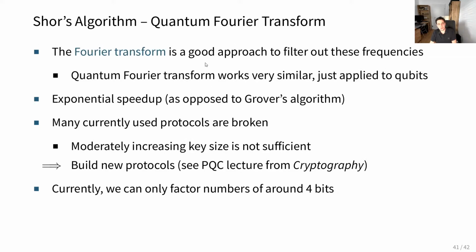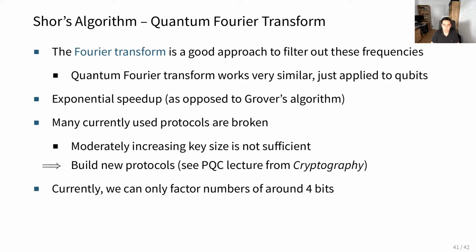And it turns out that we know that the Fourier transform is a very good approach to filter out these frequencies. So basically, the input is a sum of frequencies, and the output is all the different frequencies filtered out. This is what the Fourier transform does, and the quantum Fourier transform works in a similar way, but it's just applied to the qubits in this case. Again, I will not go into the detail why this works.